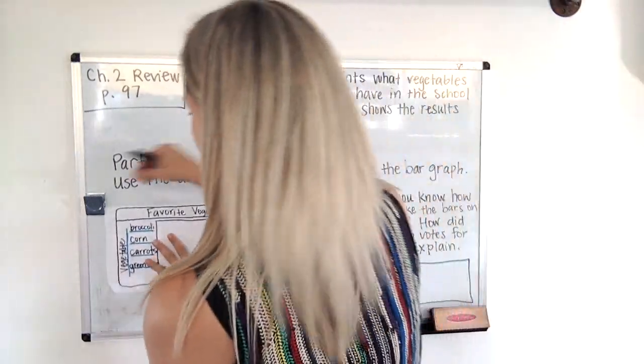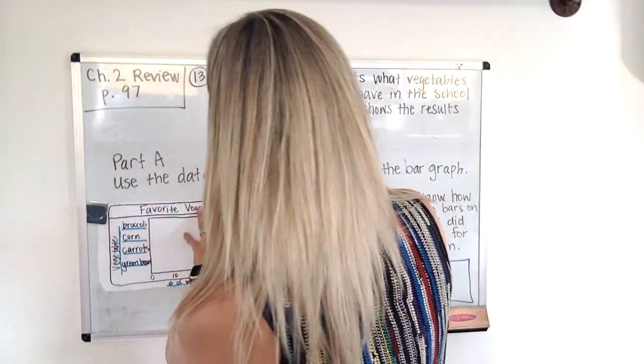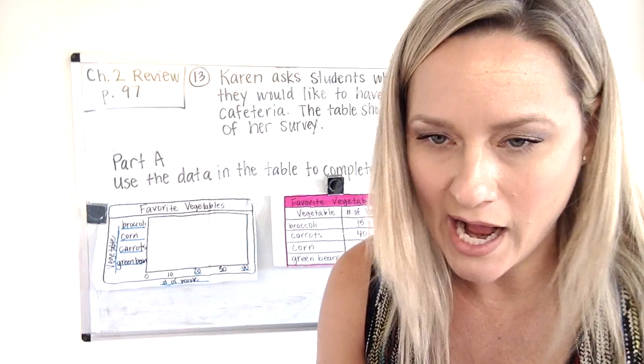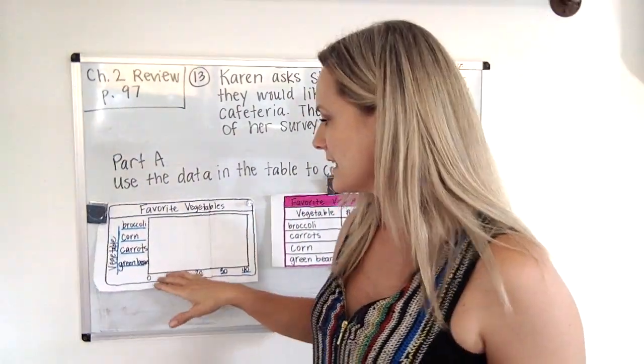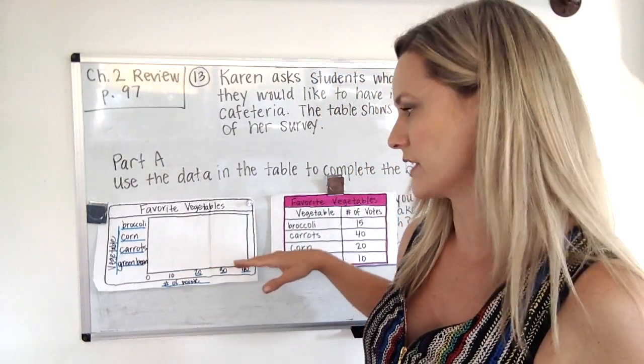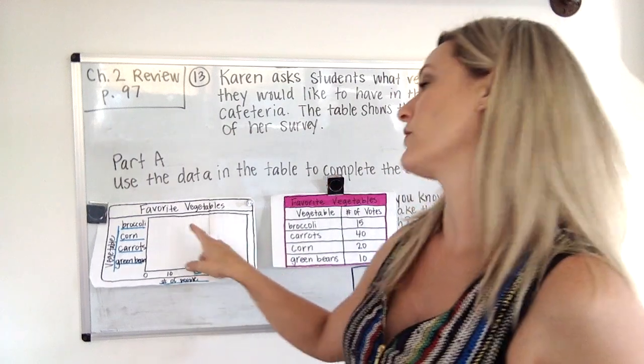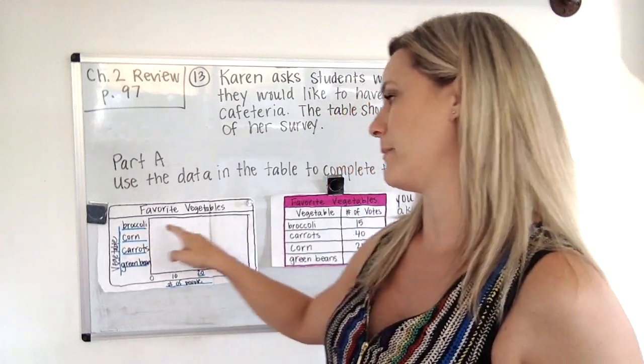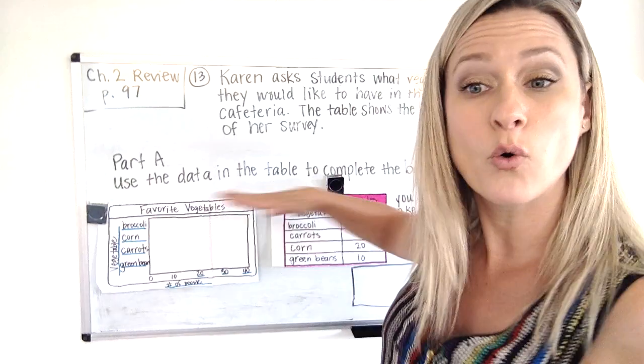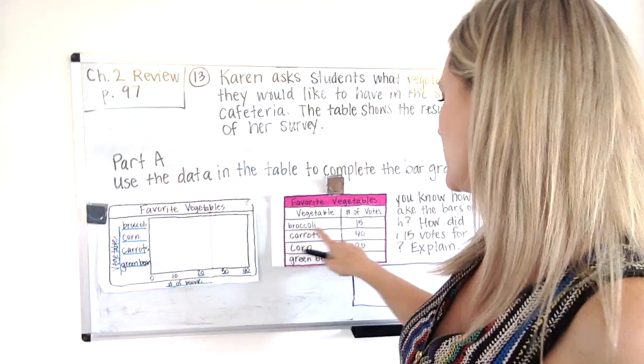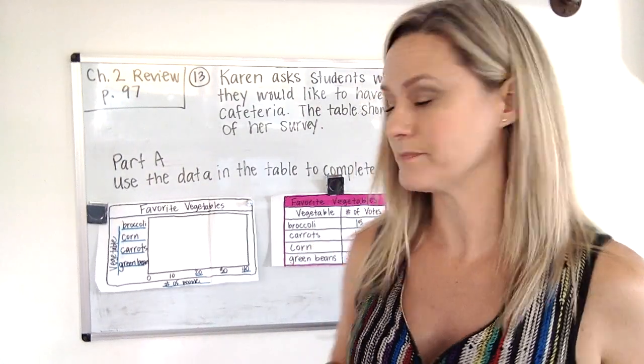Okay. Here we go. We've got to make a bar graph. Now, I didn't list my broccoli, corn, carrots, and green bean down here. So that means my bars are going to go this way beside the name. They're going to go horizontally. So let's check it out. Broccoli, we had 15 votes.